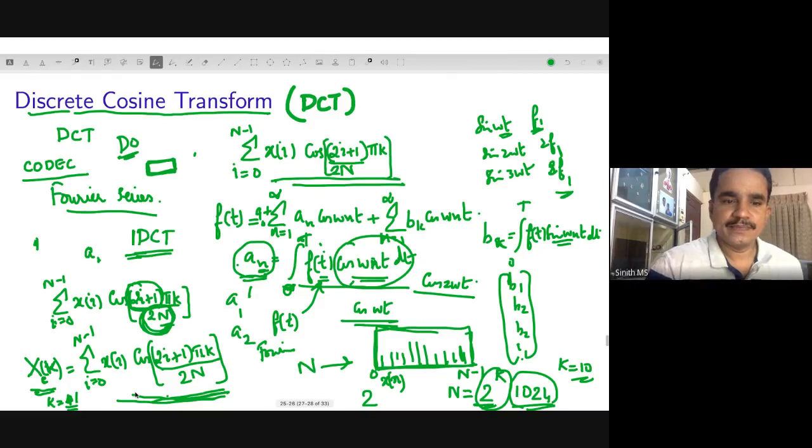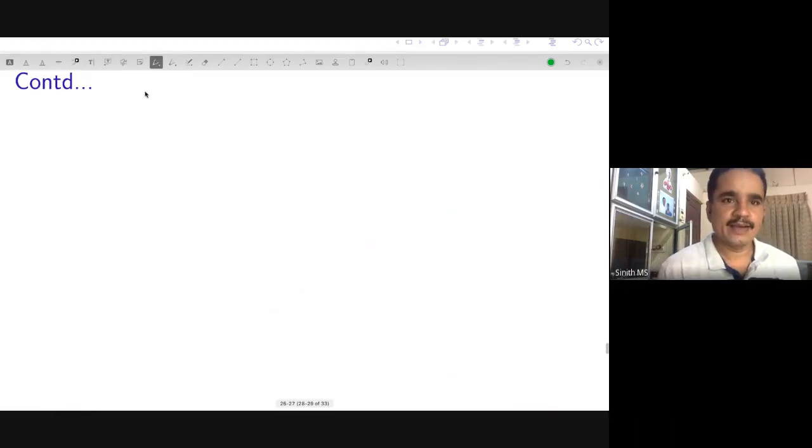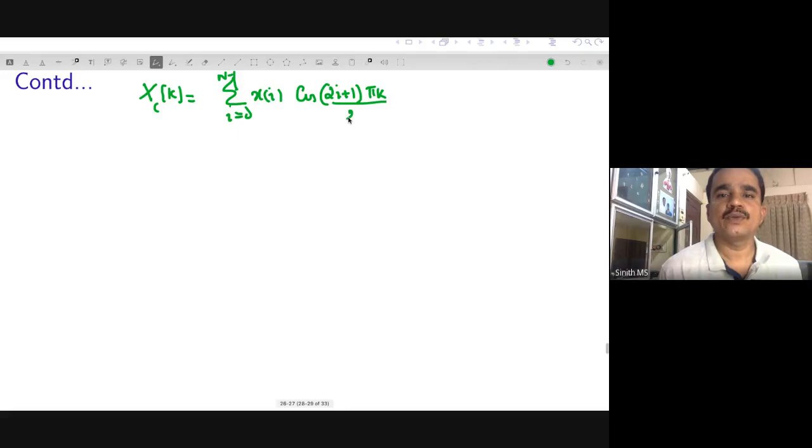Okay, so x c k, which is the discrete cosine transform, can be written as sigma i equal to 0 to n minus 1 of x i cos((2i plus 1) pi k by 2n). This 2i plus 1 is for making it odd. And for i equal to 0, what happened here?